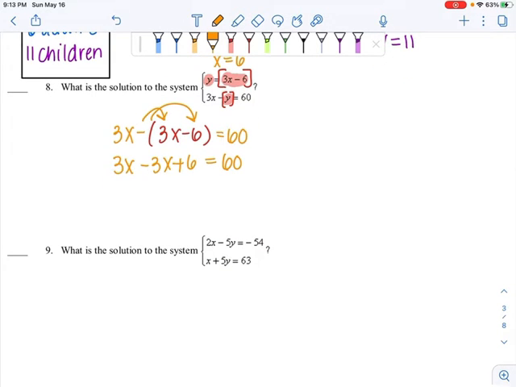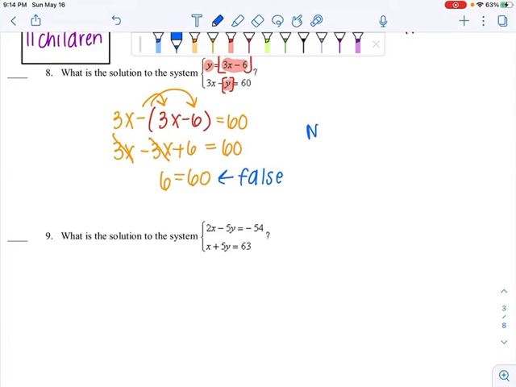So then I'm left with 6 equals 60. Well, is that a true statement? Does 6 equal 60? No, that's false. So this would actually be no solution. There is no solution to this system of equations. No number will possibly work to make these equations true. That's what that means.